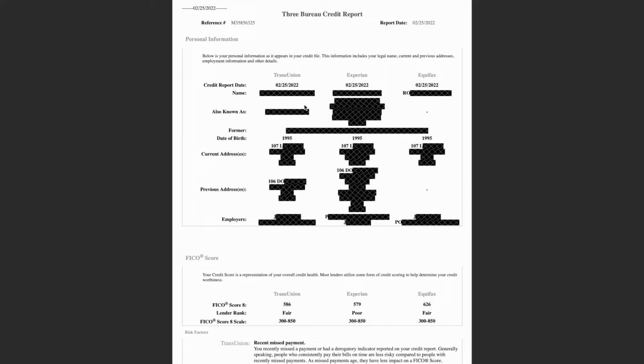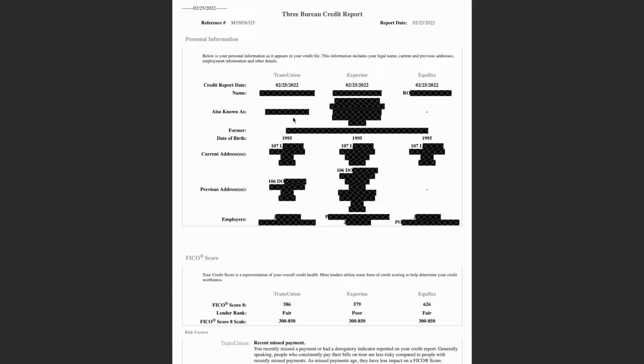The reason is that a lot of times, when you go through the process of disputing, they'll use small details on your credit report to prove that this is you.